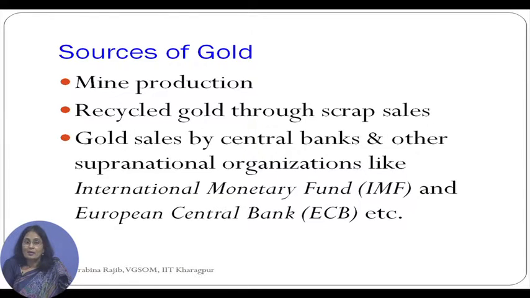At times these banks can sell gold, and if they are selling gold, then they become a supplier of gold. But since the last couple of years, whenever we discuss gold, we see that many central banks of many countries are acquiring gold.